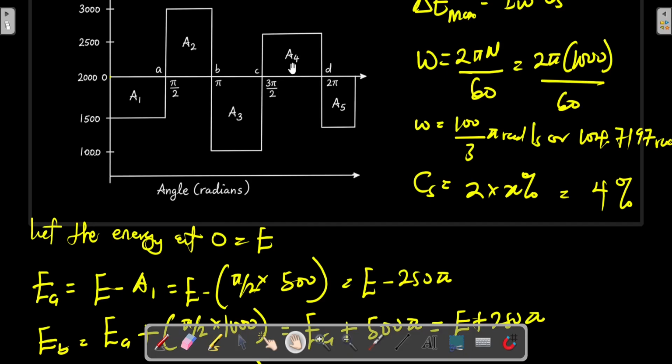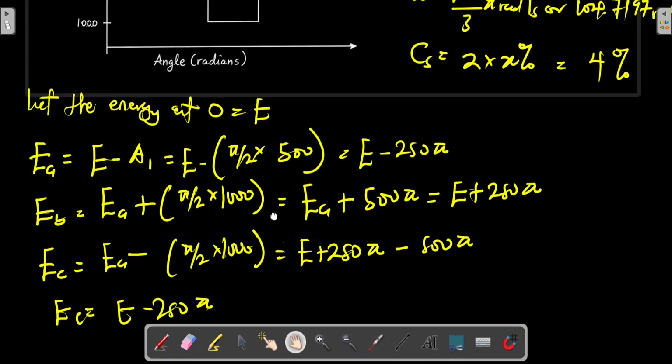The dimension along the crank angle axis is 2 pi minus 3 over 2 pi, and that will be half pi. So half pi multiplied by this dimension along the torque axis, and that is going to be 2500 minus 2000, that is 500.